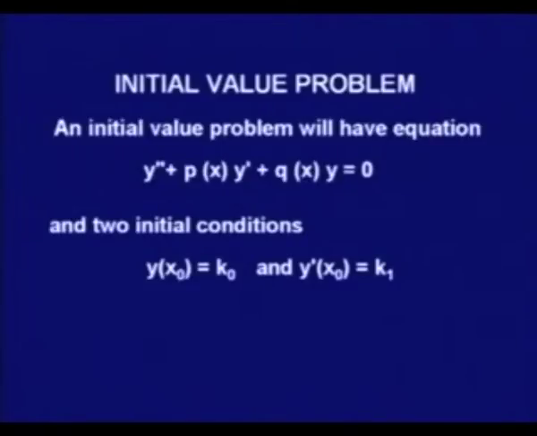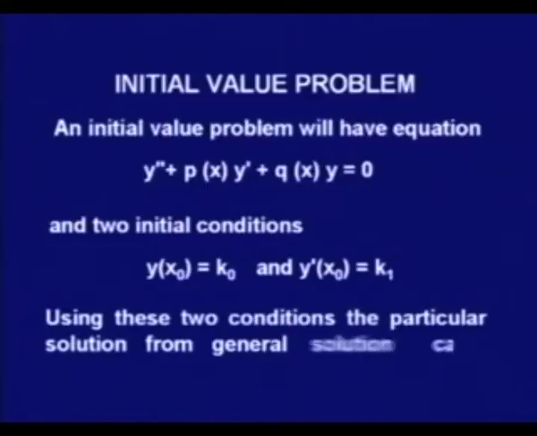Now it is a second order equation and we will have two initial conditions, that is, the value of the function at a particular point and the derivative of the function at that particular point. Using these two conditions in the general solution, we can obtain the particular solution of the initial value problem.